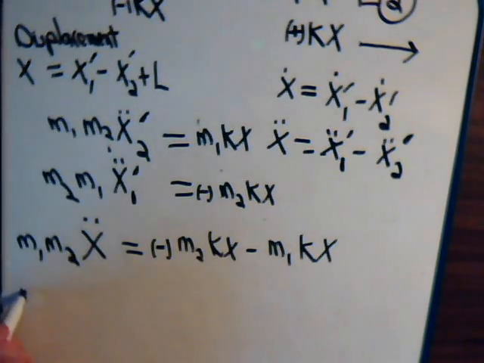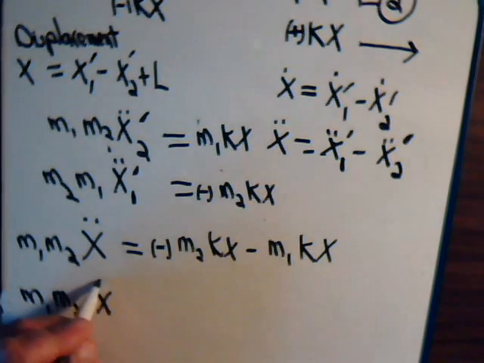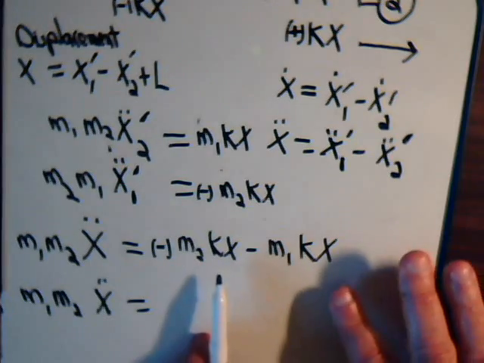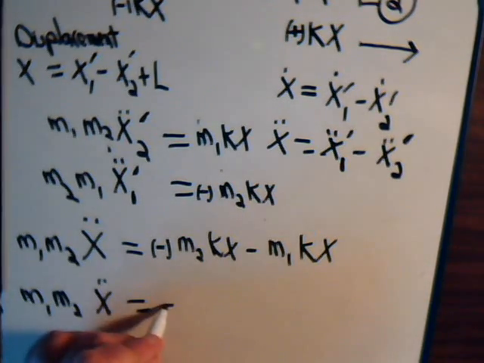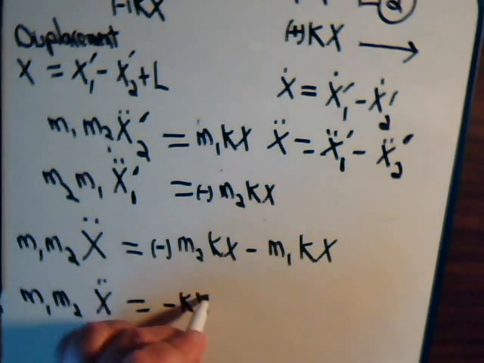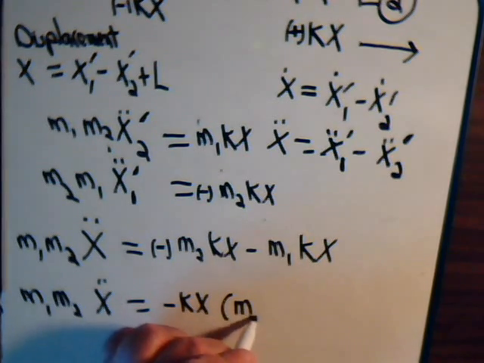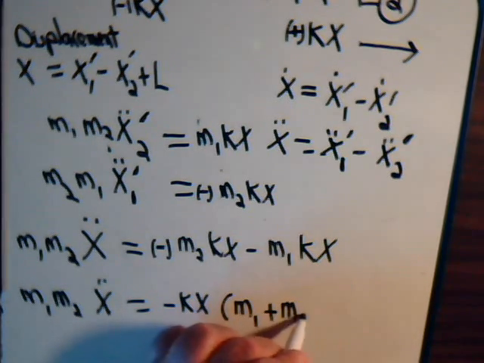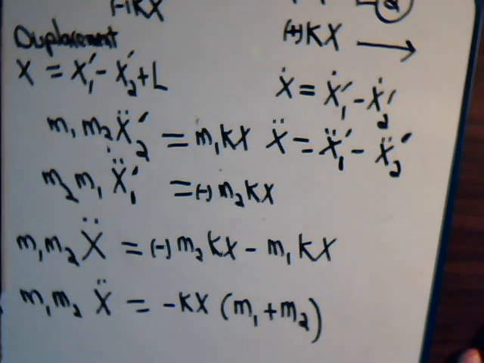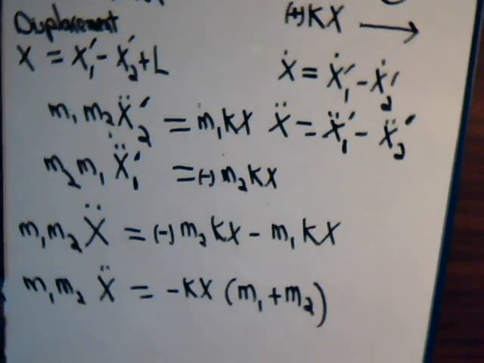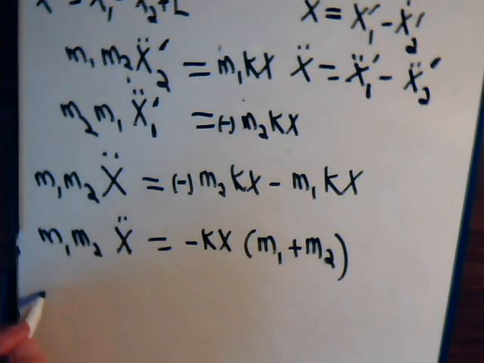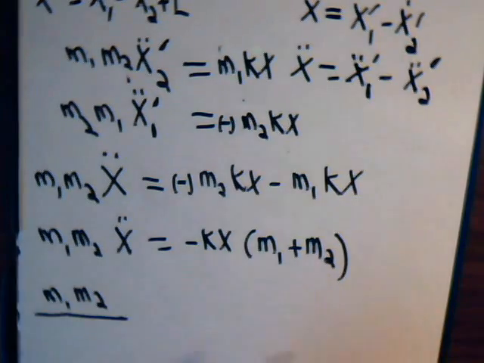We'll have here on the left side m1 m2 x double dot will equal, factor out minus kx, and we'll have m1 plus m2. And we can divide both sides of the equation by this. So we now have m1 times m2 divided by this.